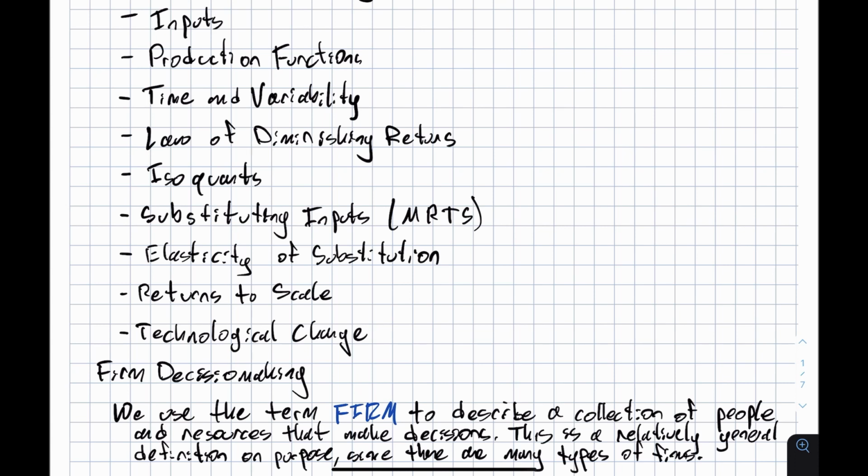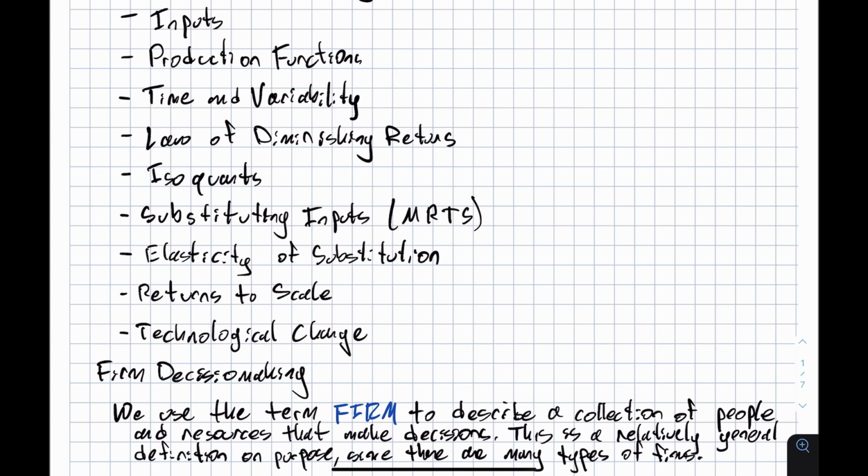analogous indifference curve. So we're going to hold quantity constant and we're going to vary the inputs and look at how varying inputs across two dimensions gives us a constant quantity of output.